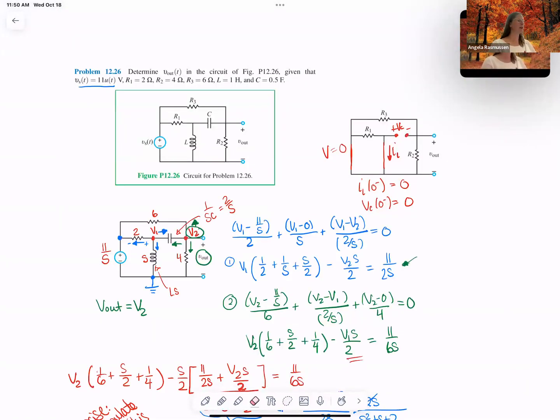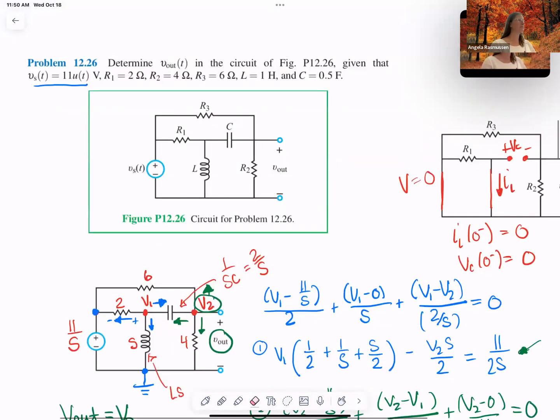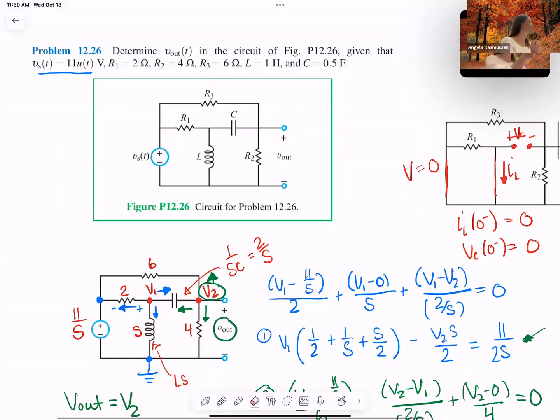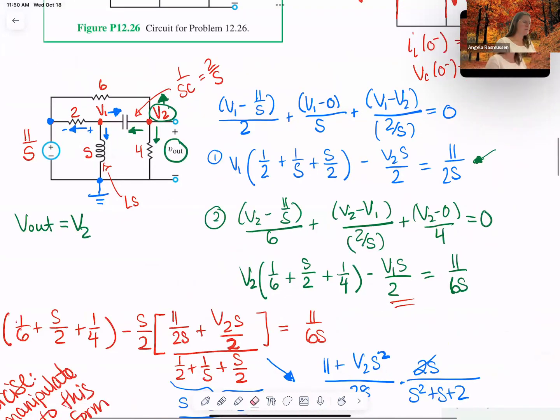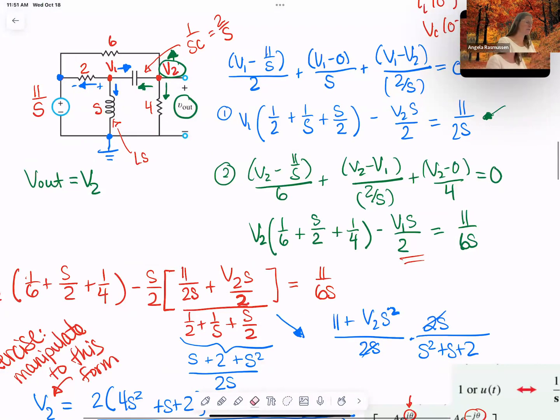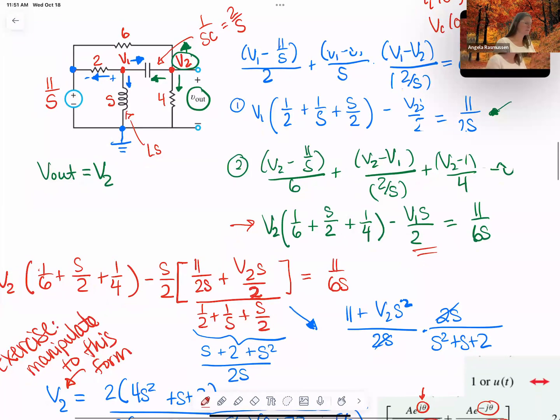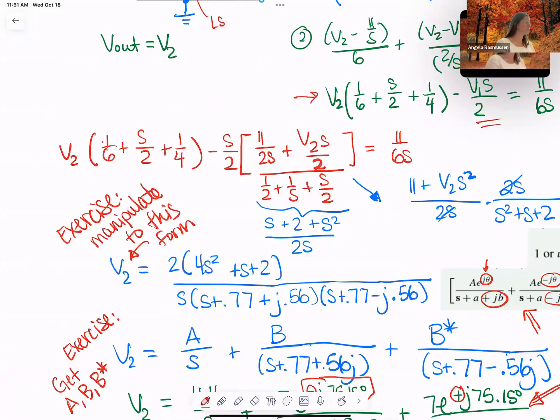So this was one of them. Colors. This one, so down here.